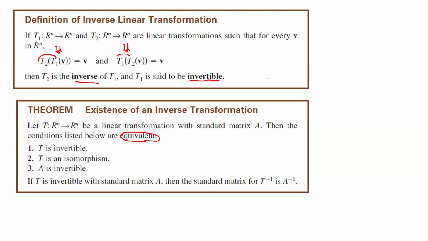It means that it is one-to-one and onto. And if T is invertible, for sure you can say that A, the matrix representation for T, is invertible as well. If T is invertible with standard matrix A, then the standard matrix for the inverse of T is the inverse of matrix A.